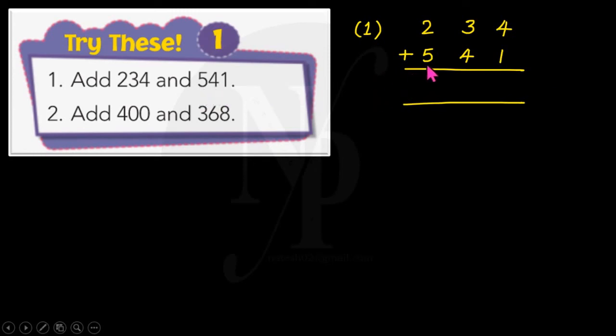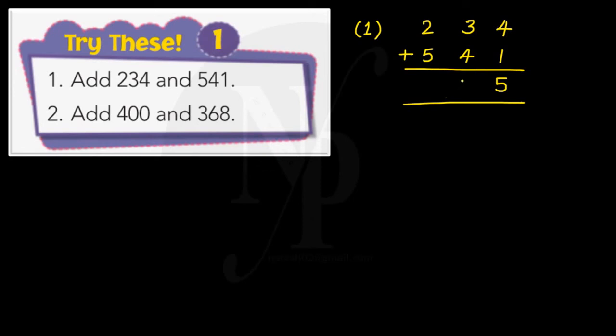I have written 541 here, and we are adding these two numbers, so I put a plus sign behind the second number. So now we have to add these two numbers starting from the ones place, that is we have to add 4 and 1, that is 4 plus 1 is 5. We have to write 5 in the ones place, and in the tens place we have 3 and 4. We have to add 3 and 4. 3 plus 4 is 7.